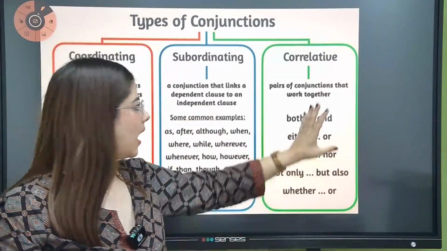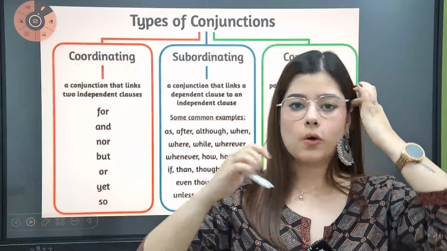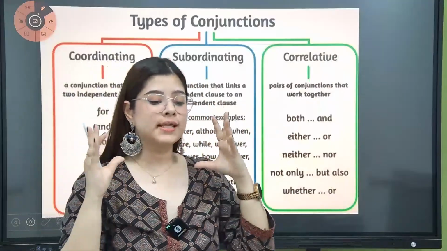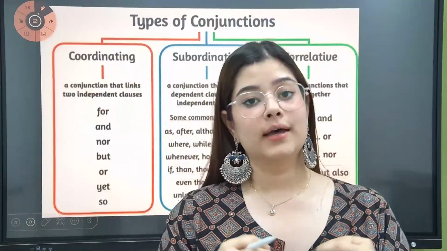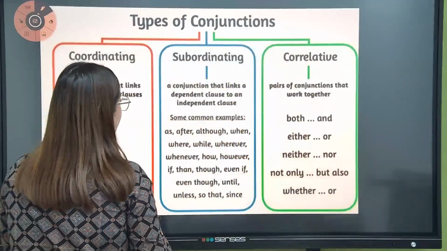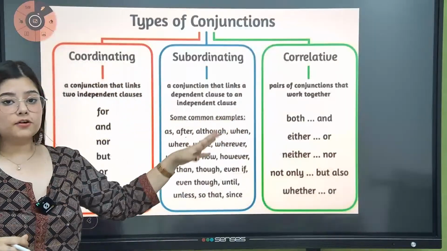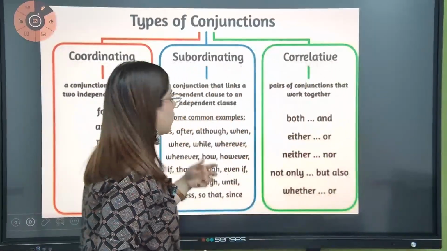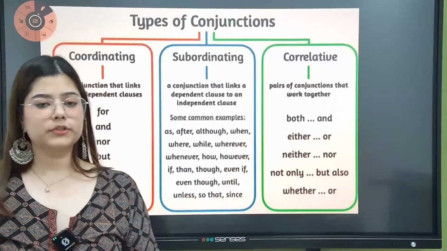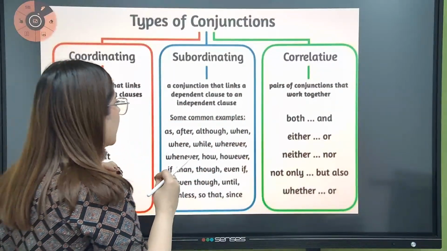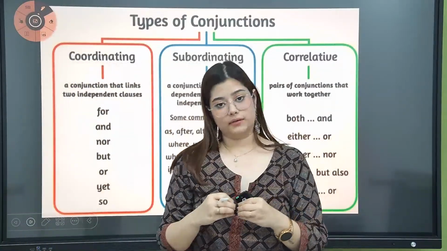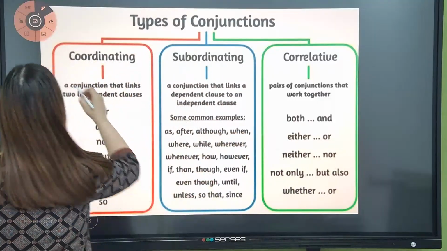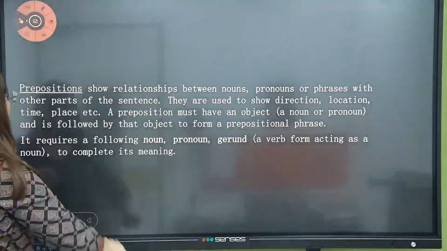Now, here the dependent and independent clause has no role. Correlative conjunctions are those conjunctions that are used together in a sentence. Either or, neither nor, not only but also, whether or, right? So these work in pairs. So three types of conjunctions: coordinating, subordinating, and correlative conjunction.